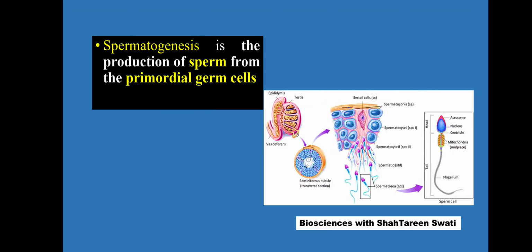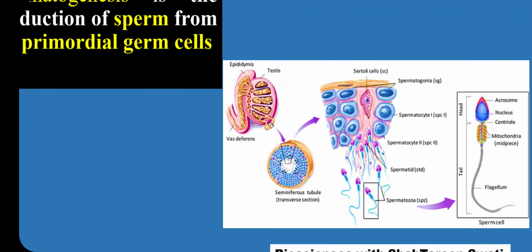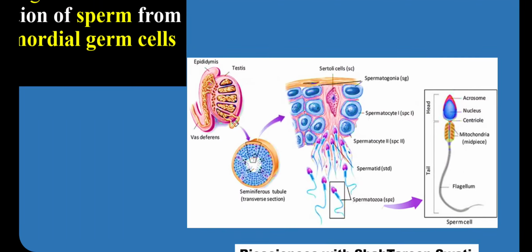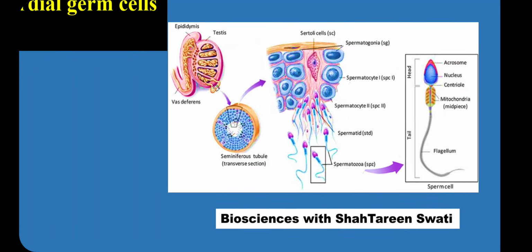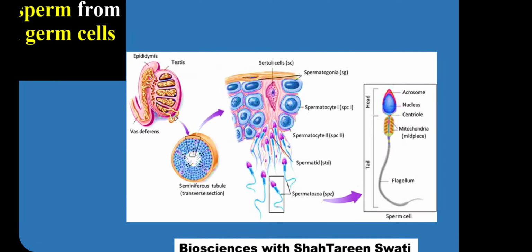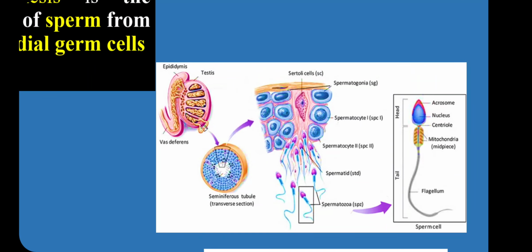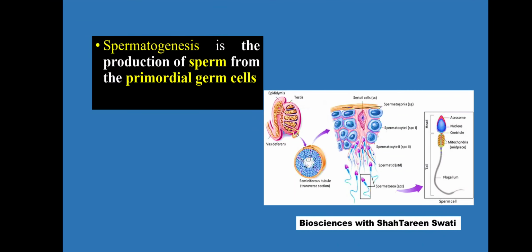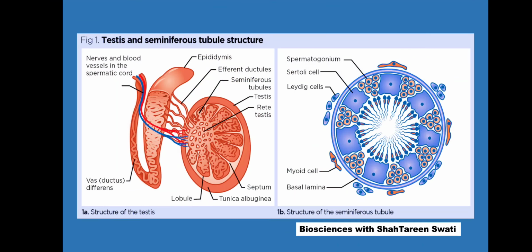Okay, now spermatogenesis occurs from the primordial germ cells, and these primordial germ cells are present in the testes. I will show you the testes, which contain the seminiferous tubules, and these seminiferous tubules consist of two types of cells: the Leydig cells and the Sertoli cells, as you can see in this figure on the right side.